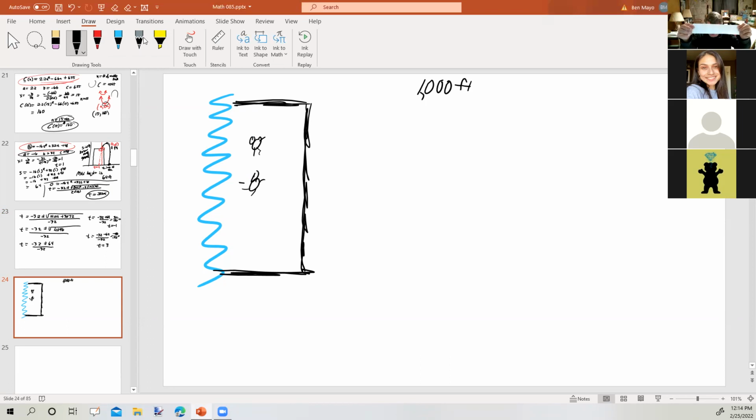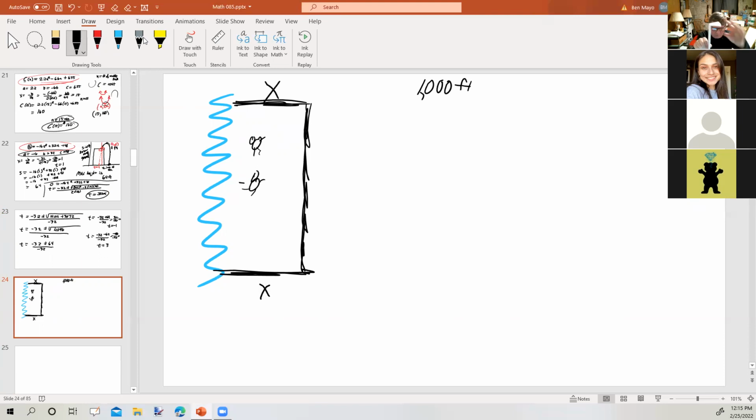Let's say this represents the 1,000 feet. Okay, and I'm going to fold this piece and this piece. So I've got my 3-sided fence.